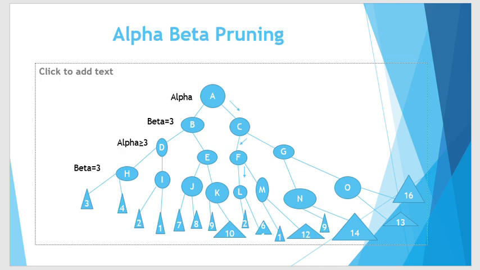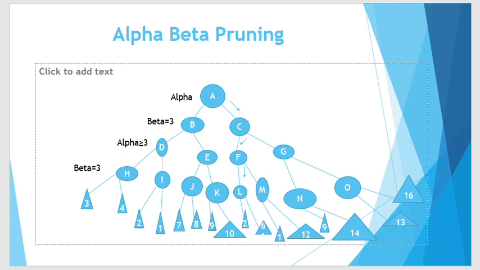When we explore this, maybe we find less than this, but the minimum will be 3. As we go down there, we have the value 7. We fix the beta value as 7. As we fix beta as 7, the min value of this node will be either 7 or less than 7.